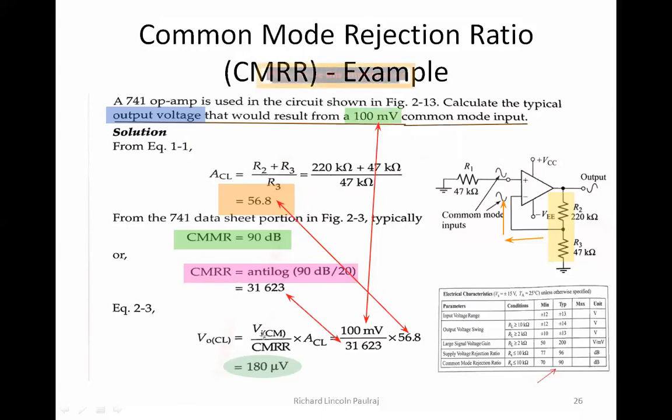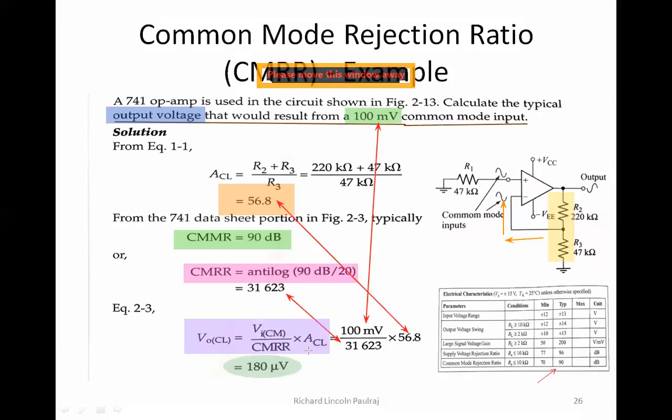I want you to first note down this formula. Once you have this formula handy, then you will know what terms to actually look into. You will know that, of course, you have the input for common mode format, so you don't have to calculate that. You can directly take it from the question.